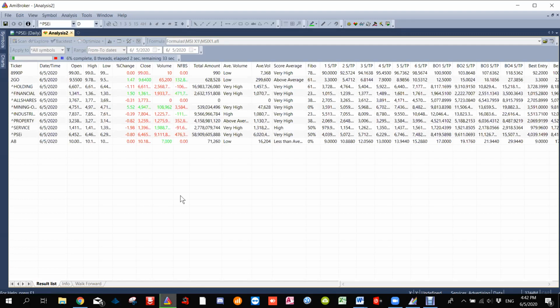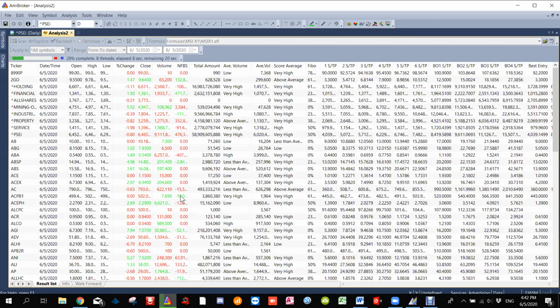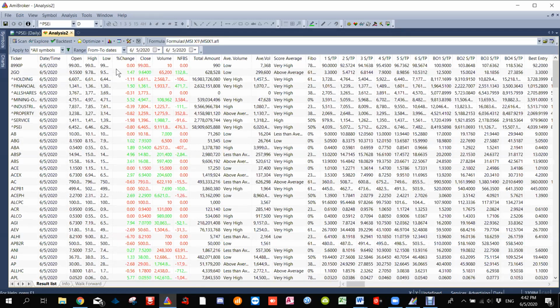So what the system is doing now is it will be giving you an analysis of around 230 stock codes, and it is using around 260 or more indicators to analyze it. Okay, so this data now will be automatically transferred to our MSI screener.